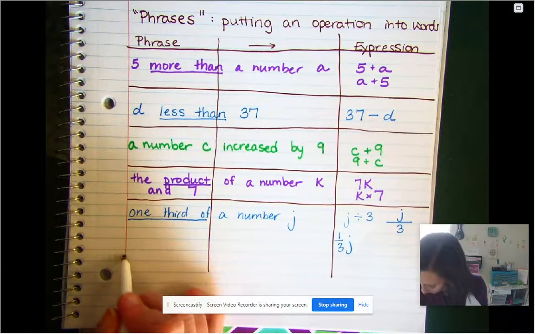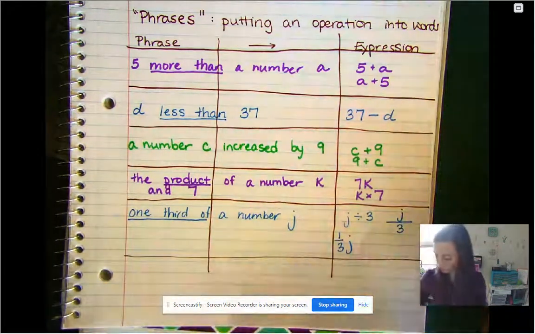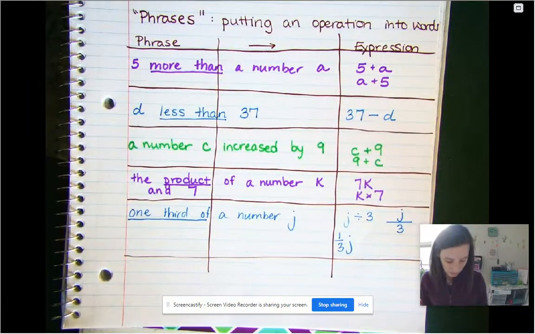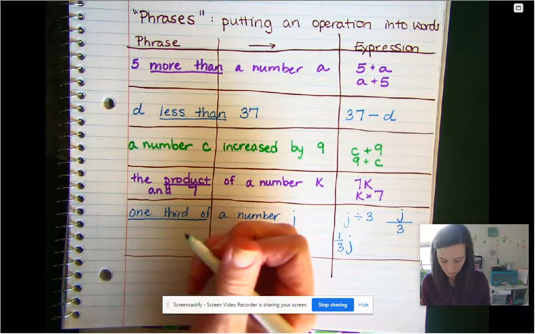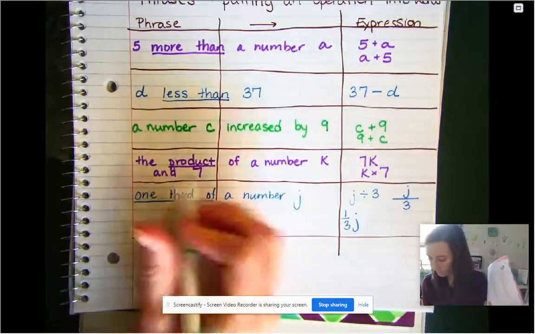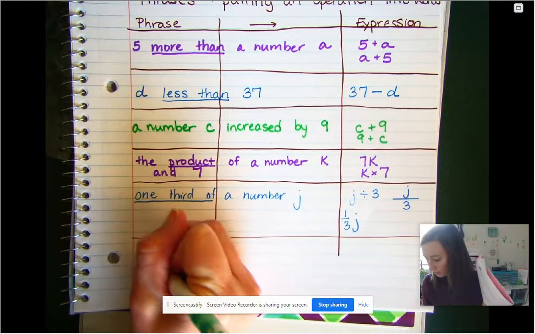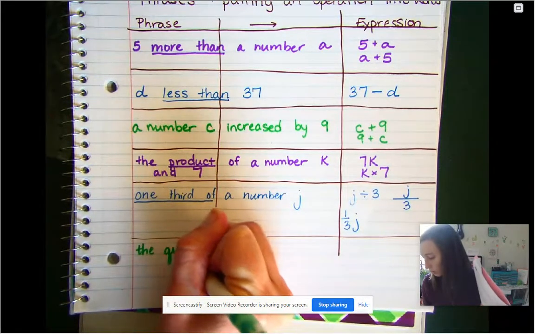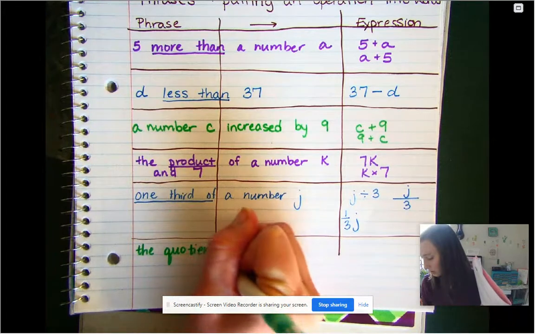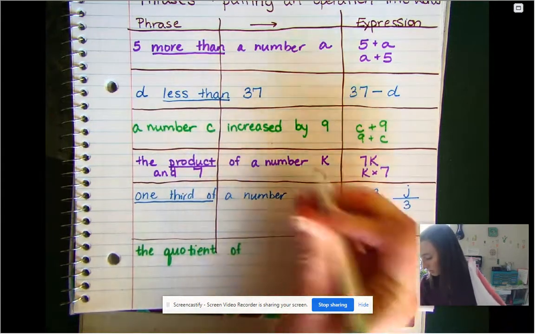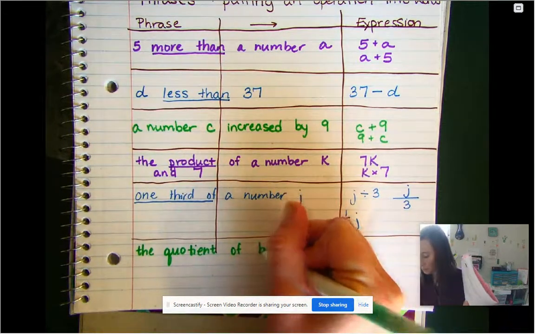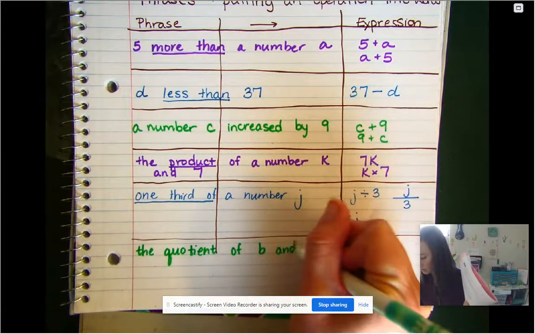Okay, so I'm going to give you another one to try. The quotient of b and 2.